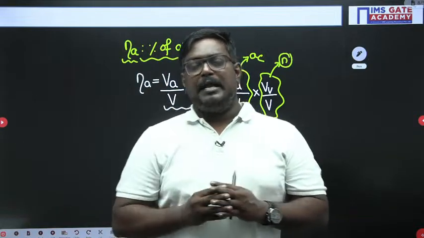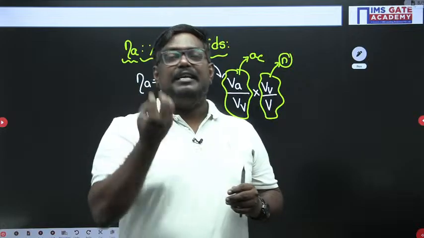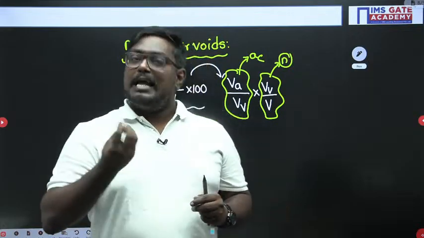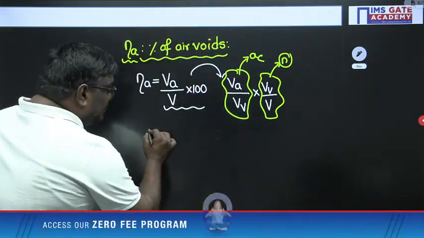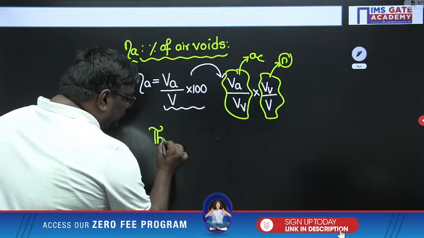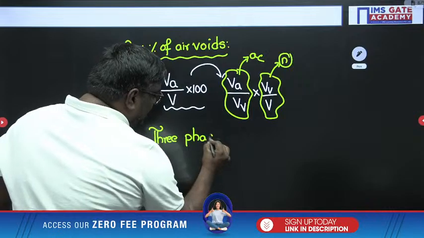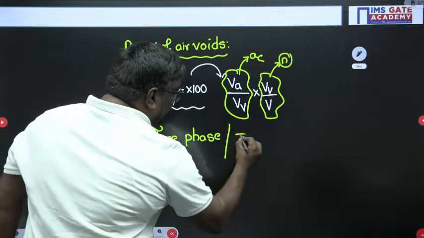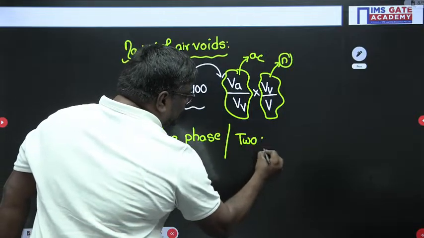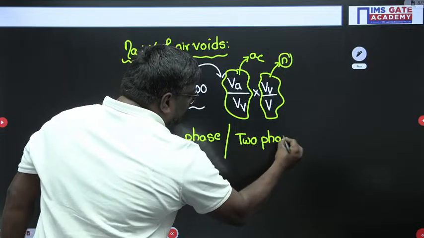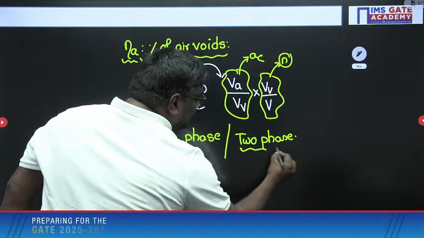Now, let me tell you, how can you represent a soil? A soil can be represented as a three-phase system, and soil can also be represented as a two-phase system. This is one of the beautiful questions in some of the exams. Okay.